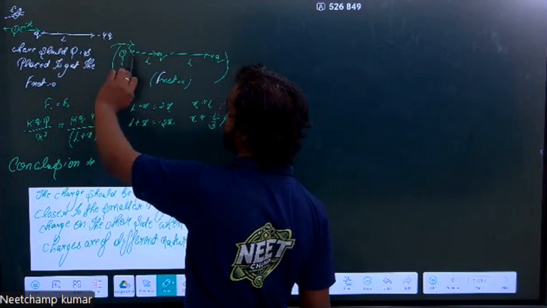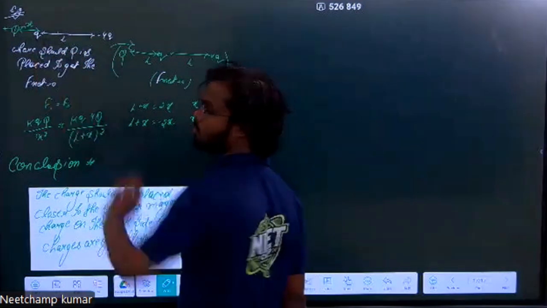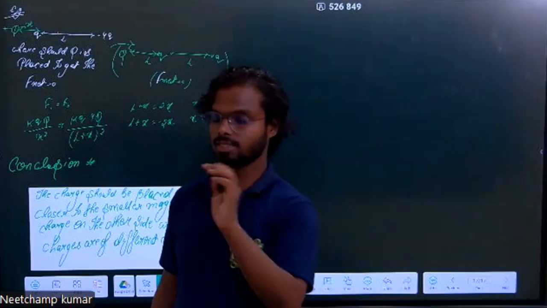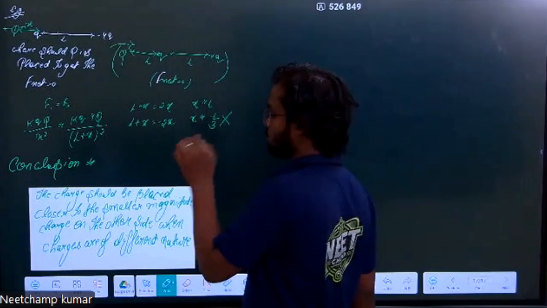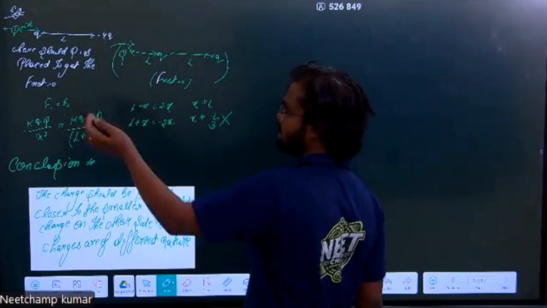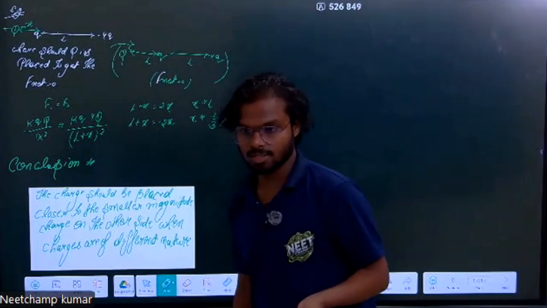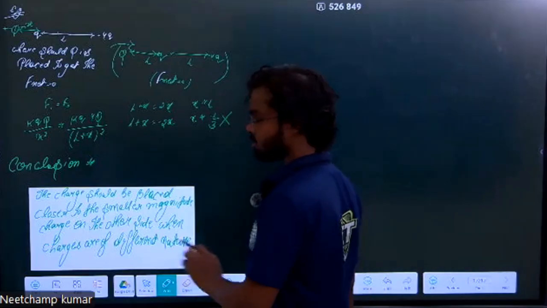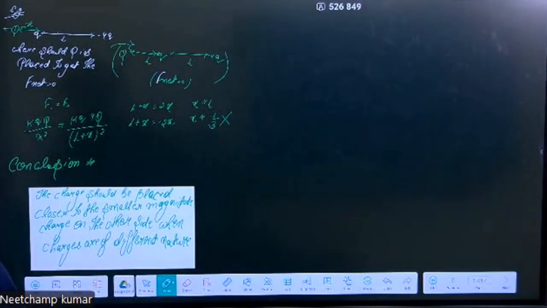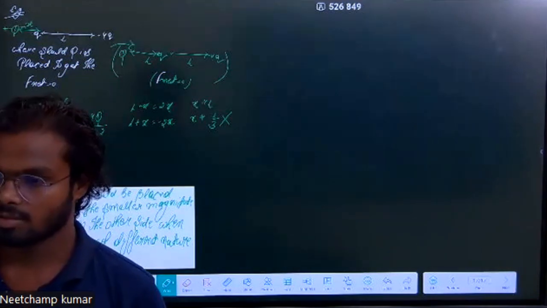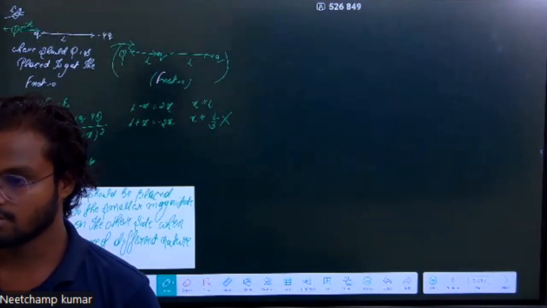You can see we are placing it closer to the smaller charge, that is small q. In the case of magnitude, do not consider sign. You have to consider magnitude: it should be placed closer to the smaller magnitude charge on the other side, not in between. When both the charges are of different nature, it has to be placed like that. Is it clear to everyone?